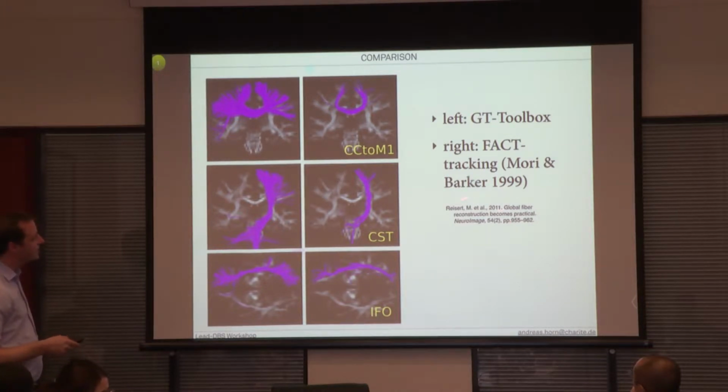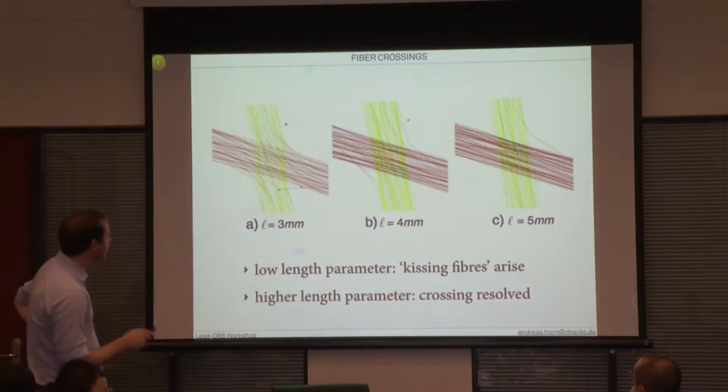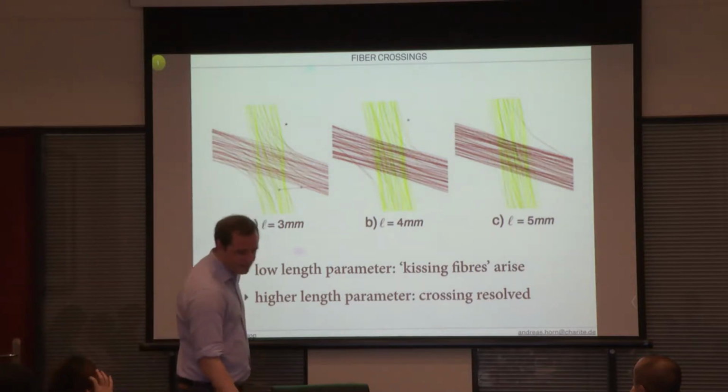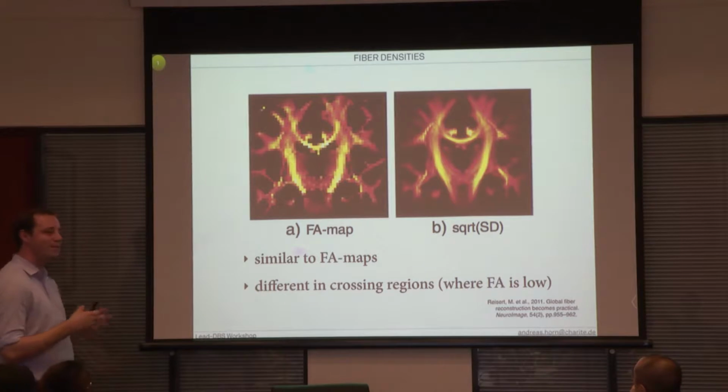This was published in 2011. I think it's a really great concept. So you can see also that it finds a lot of fiber tracts, so it was validated that way. It's really good for crossing fibers, which it resolves really well. And also, if you compare the FA map, I haven't introduced this, but this is basically how much sphere-like your data is, so how much water-like it was.